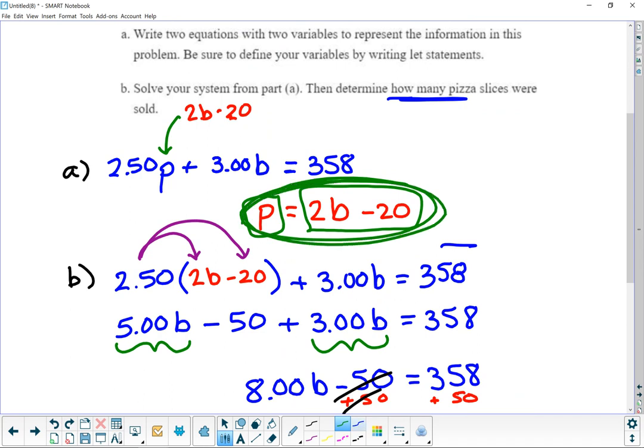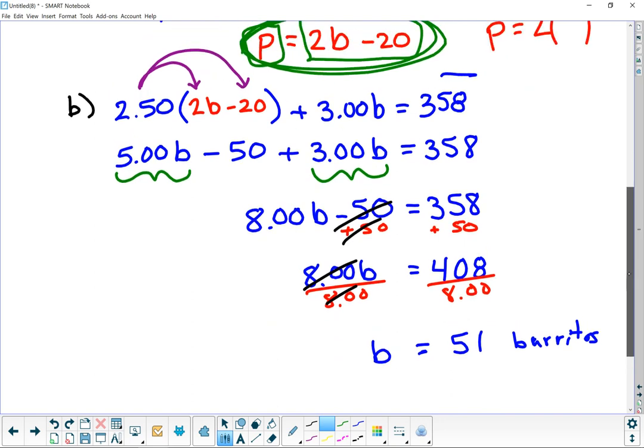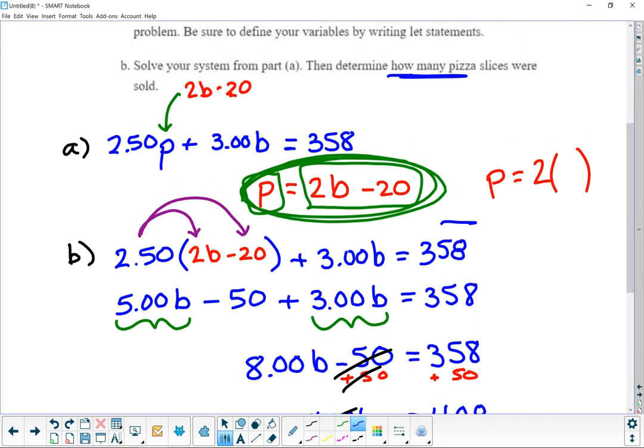So pizza slices is 2 times the number of burritos, 51 burritos, so 2 times 51, then minus 20.